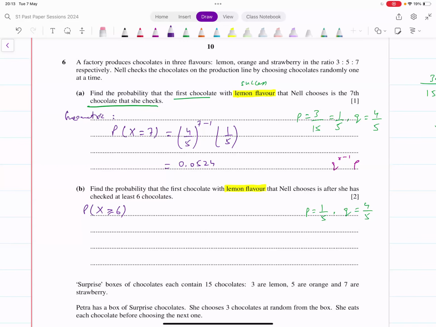Let me read the question statement again. The first chocolate with lemon flavor is after she has checked at least 6 chocolates. Okay, so this could actually be taken two ways. If it says after she has checked at least 6 chocolates, that means she has already checked 6 chocolates, and then the first success comes after that.